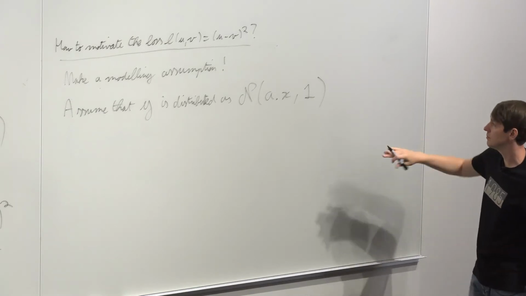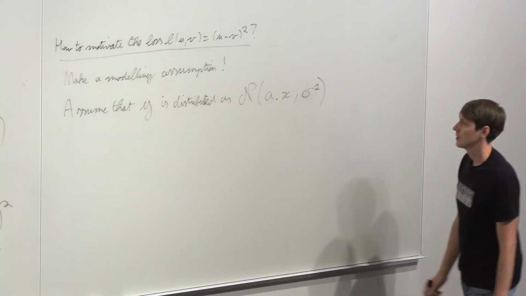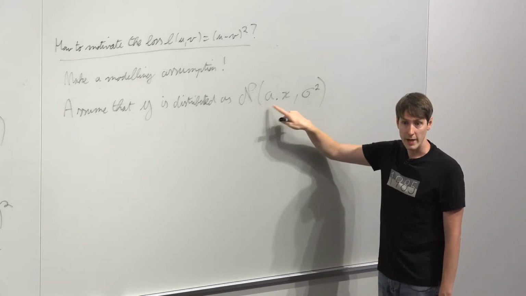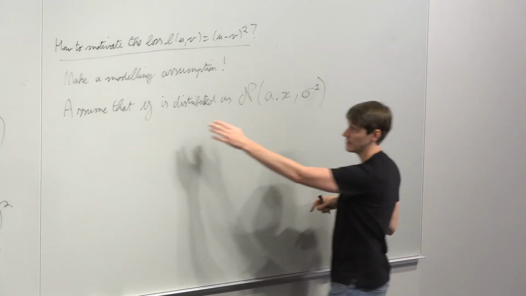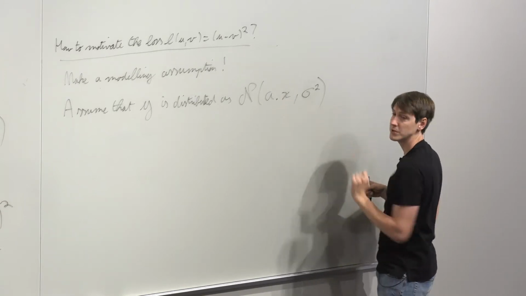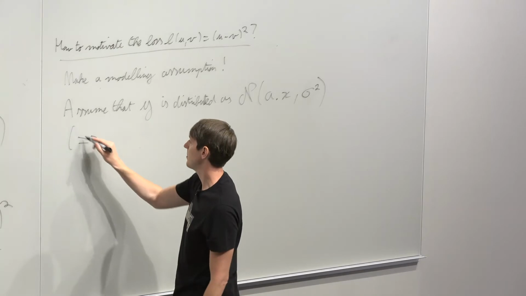Or even maybe sigma squared. Let's put a sigma squared here. So given the feature a and given a model x, I assume that y is distributed as a Gaussian whose mean is a dot x and variance sigma squared, just to make sure we're on the same page.